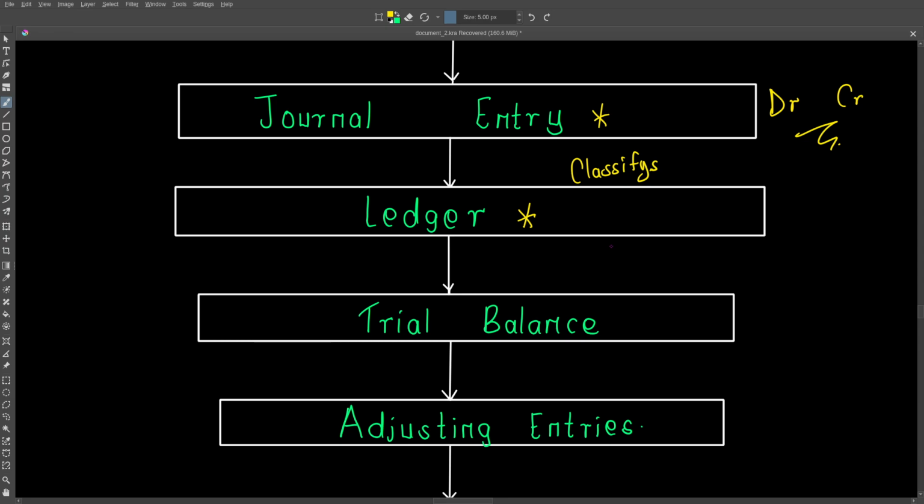And each account, for example, if we had a rent expense account, we are able to see these are the debits during the period, these are the credits during the period, and we are able to see the balance at a particular point in time, okay? So the ledger is able to summarize these accounts and classify them.